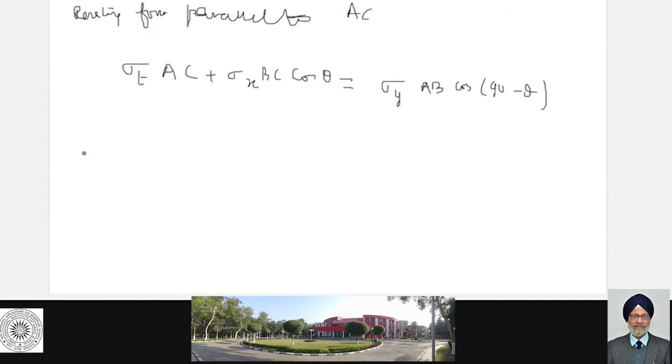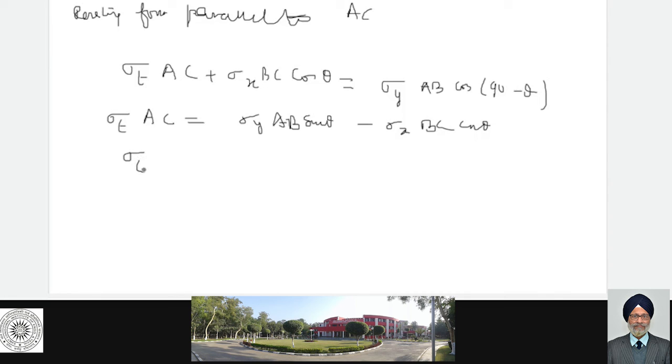Okay. So this you can take on the other side. So sigma tau into AC is equal to sigma y into AB. Cos 90 minus theta is sin theta, minus sigma x into BC cos theta.